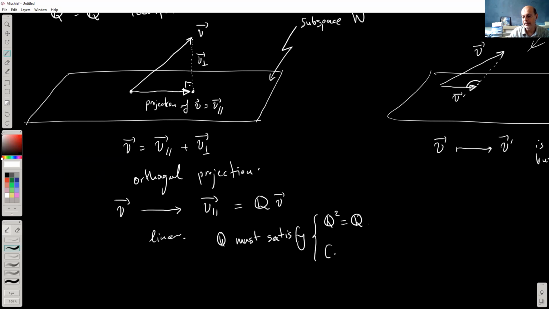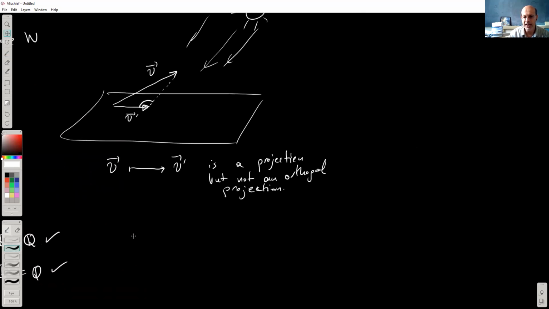Now, the orthogonality property is basically expressed by the Hermitianness. So as a result, this is a projection, basically an orthogonal projection, and we need to have these two properties. On the other hand, for an arbitrary projection, we only need this relationship. So in that case, there's some kind of an operator in here that gives us this projected vector.